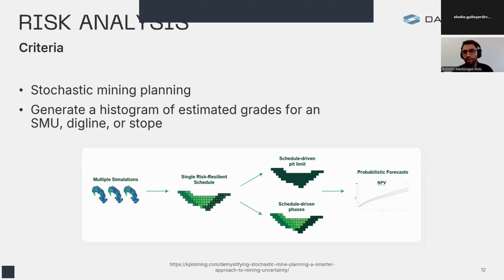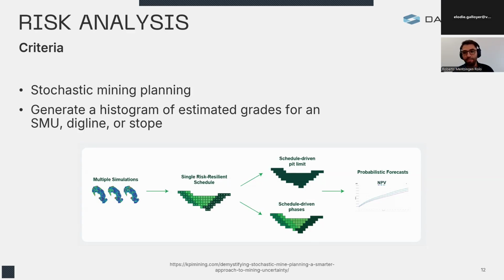And using this approach allows us to generate probabilistic forecasts such as P10, P50, and P90 for tonnage, grade, metal recovery, or even cash flows. And these forecasts provide a much clearer picture of both the upside potential and the downside risk rather than a single deterministic number generated by kriging.